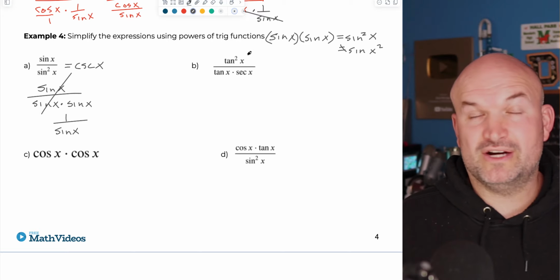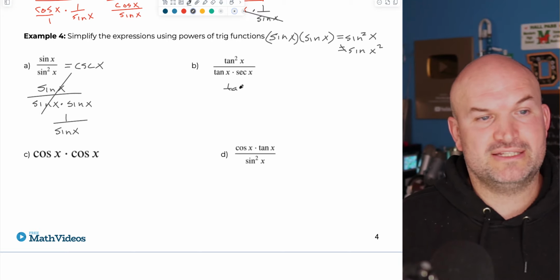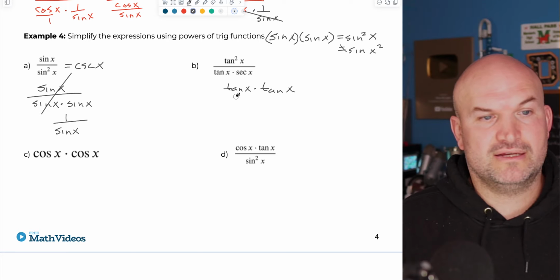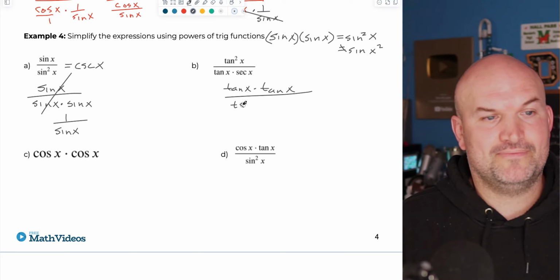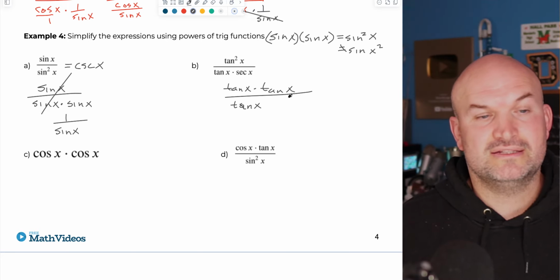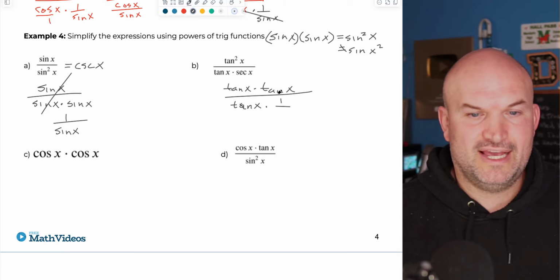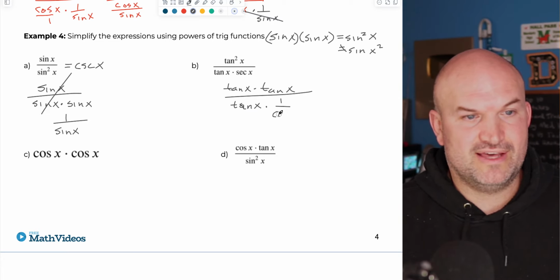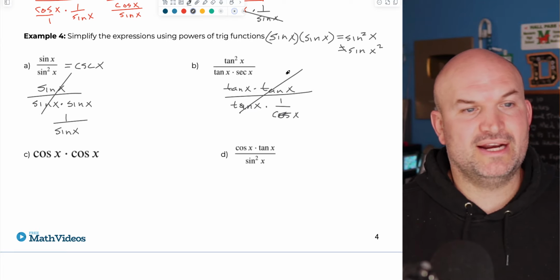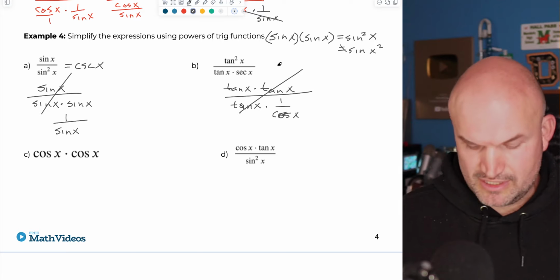All right, over here, tangent squared of x. Remember, that's a tangent of x times a tangent of x, and that's going to be divided by a tangent of x times a secant of x, which again, I can think about as a 1 over a cosine of x. So let's simplify that. Over here, my tangents are going to divide out.